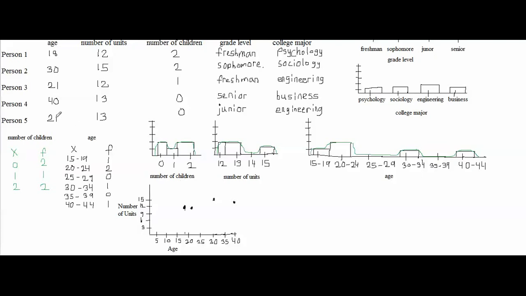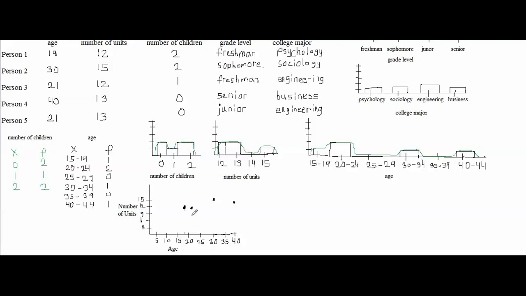And the last person is 21 years old, which is right here again. And this person is taking 13 units. So before we had a person who was 21 years old and was taking 12 units. Now we have a person who's 21 years old and is taking 13 units. Since they're both 21 years old, they're both going to be at the same place on the x-axis, meaning we're going to have two dots stacked above each other because they're both lined up with 21 down here.